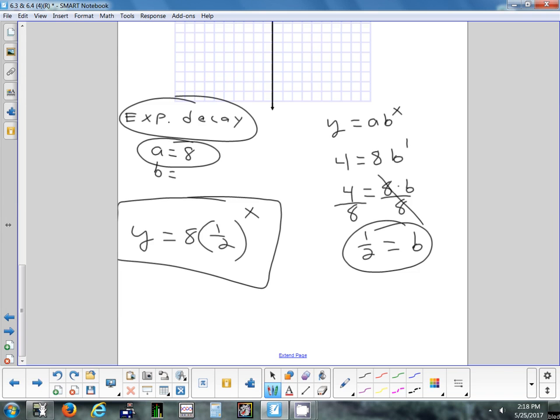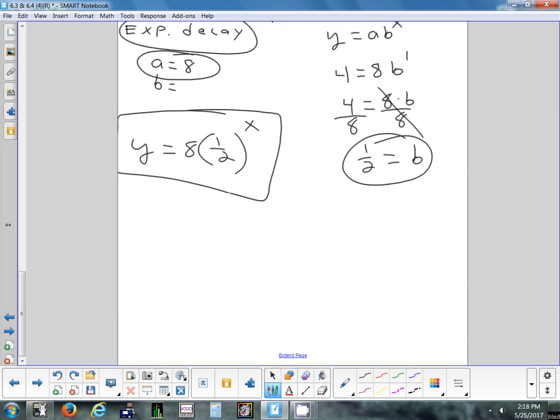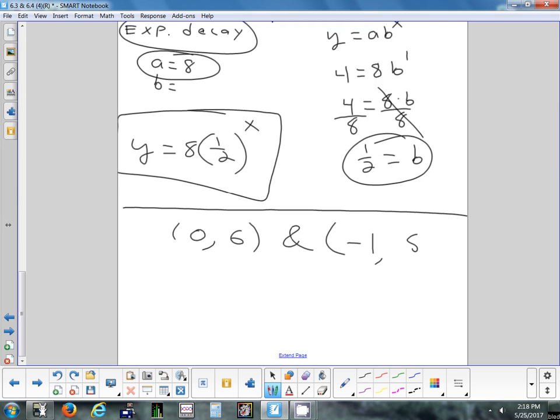Okay, what if you had a coordinate given to you like this? 0, 6. Okay, I'm not going to draw a picture. Let's just say that you had a coordinate that was 0, 6, and another coordinate that was -1, 8. How would you find the equation for that?